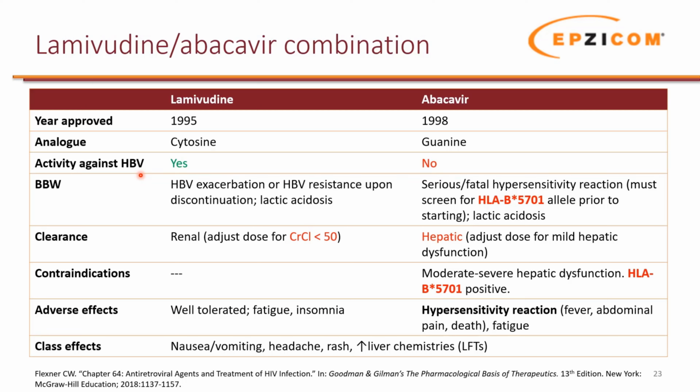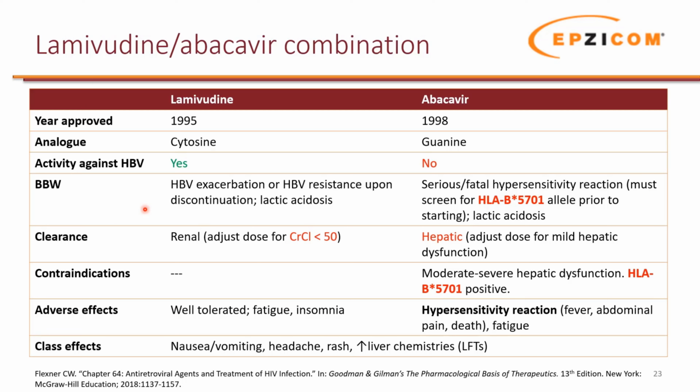Now, all of these drugs in this class of NRTIs, or nukes, because they actually are analogs of nucleic acids, that means that any RNA or DNA transcriptase or polymerase can actually use this. So especially with the older NRTIs that we no longer use, they had an affinity for human mitochondrial DNA.